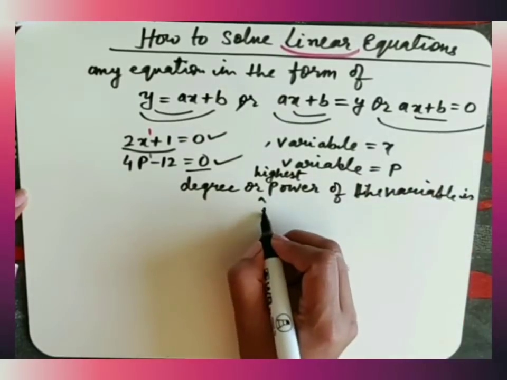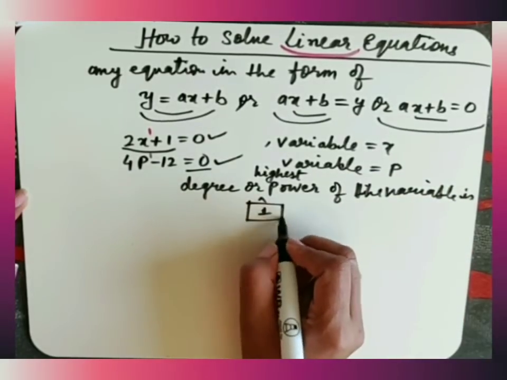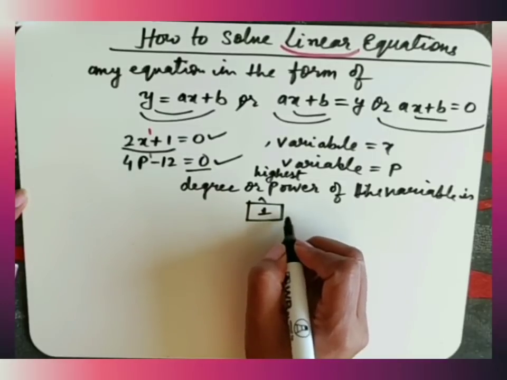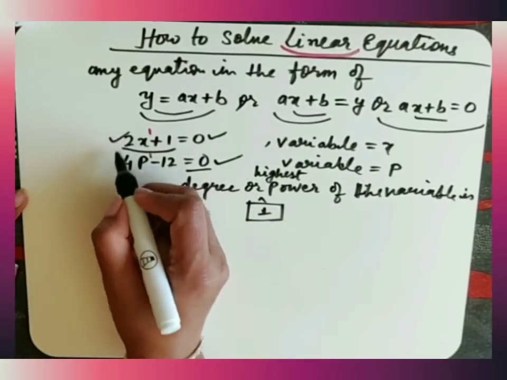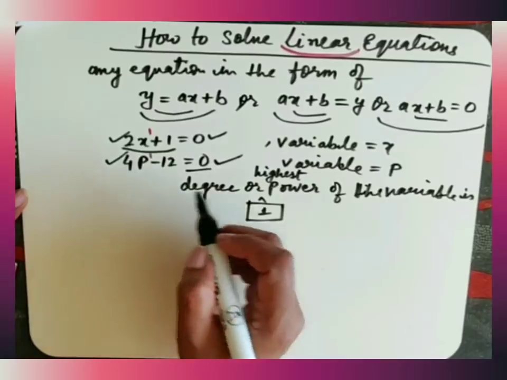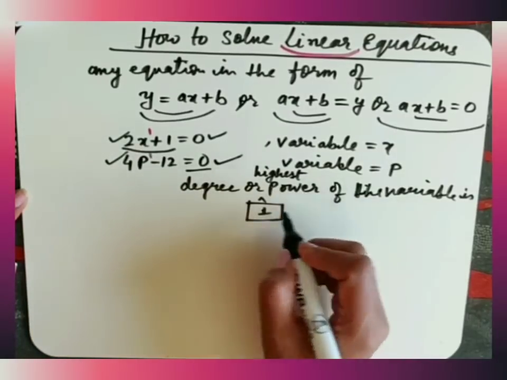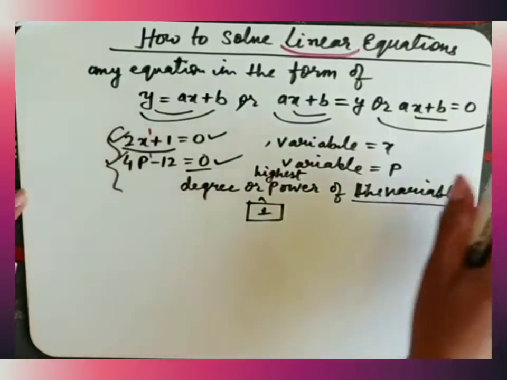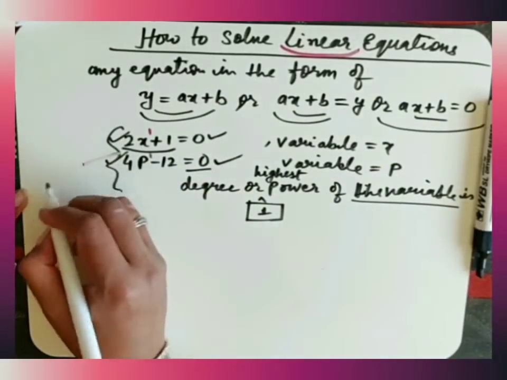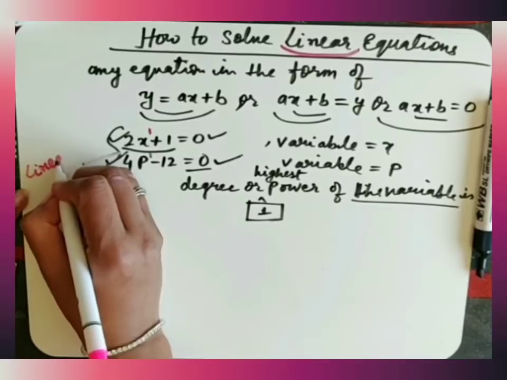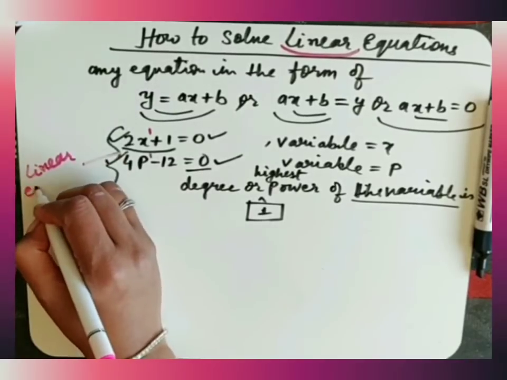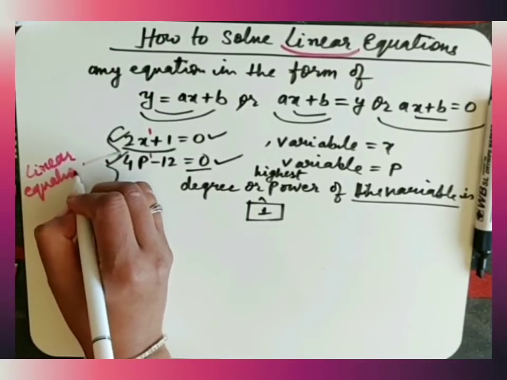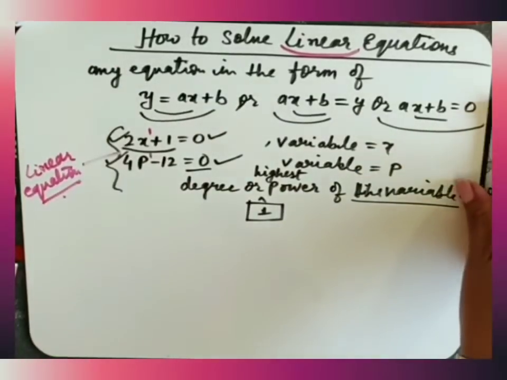It is 1 in both cases. If the highest power of the variable is more than 1, that equation will not be a linear equation. But here the highest power of the variable is 1, that's why both of these equations are linear equations.